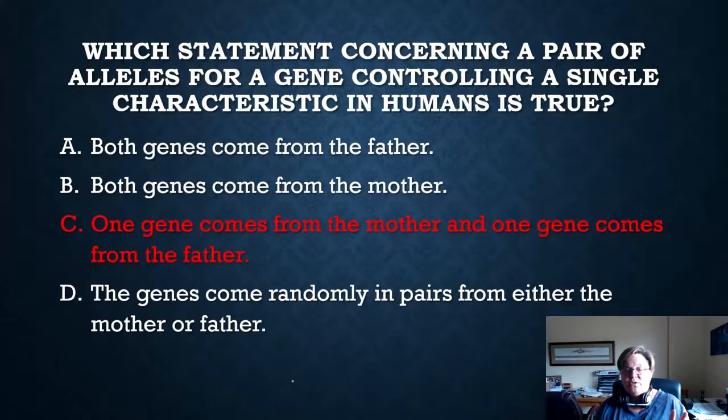Because we're talking about a pair of alleles, one allele comes from mom and one allele comes from dad. It doesn't matter what disease it is, that is how the genetics works, right? So one from each, one from mom, one from dad.